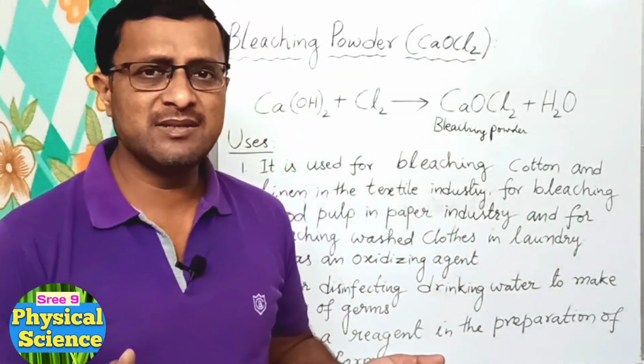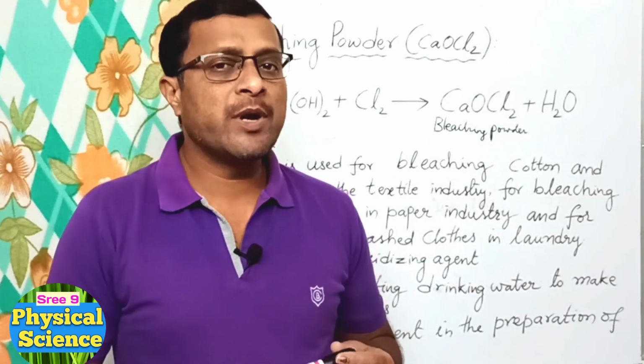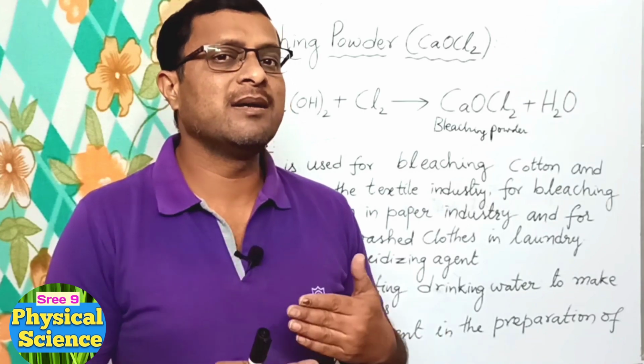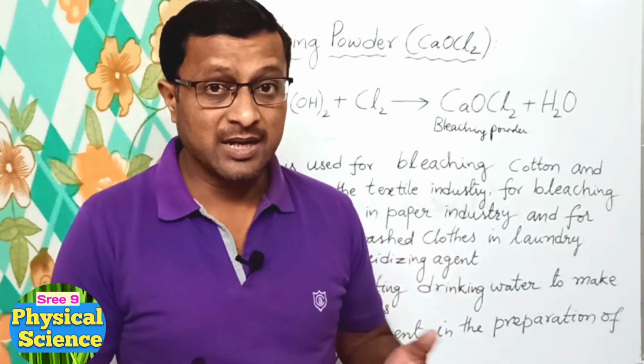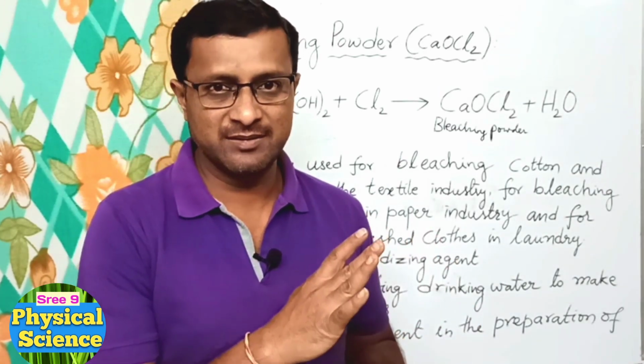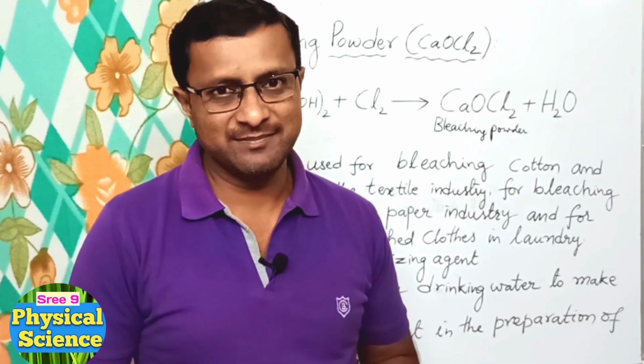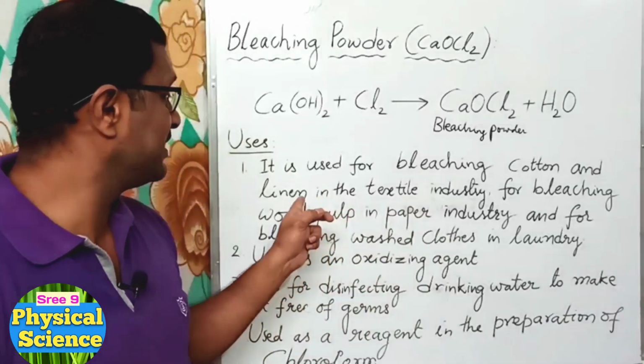Here bleaching means to remove unwanted colors. If any impurities or unwanted colors are there, they are bleached. Removal of colors or removal of dirtiness is called bleaching. Got it? That is the first use.